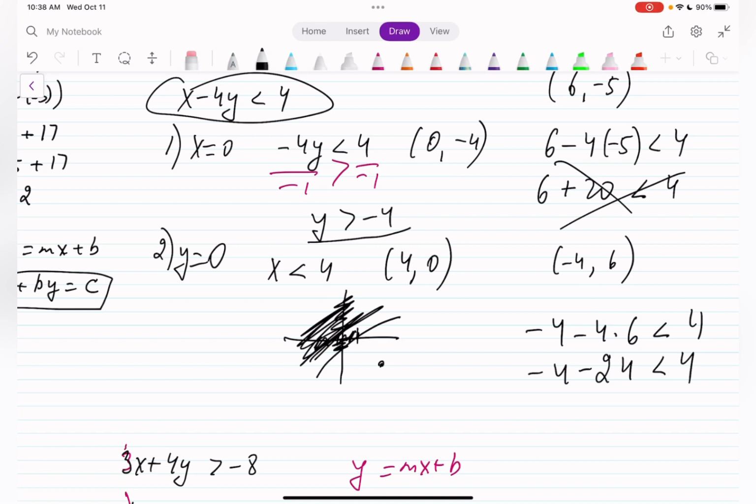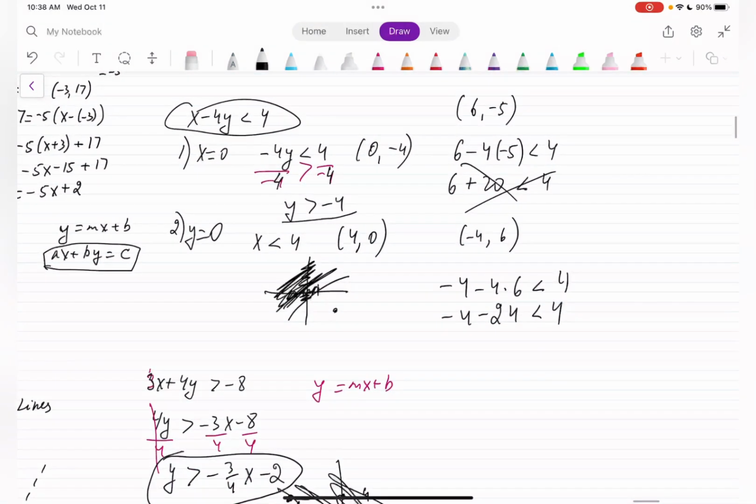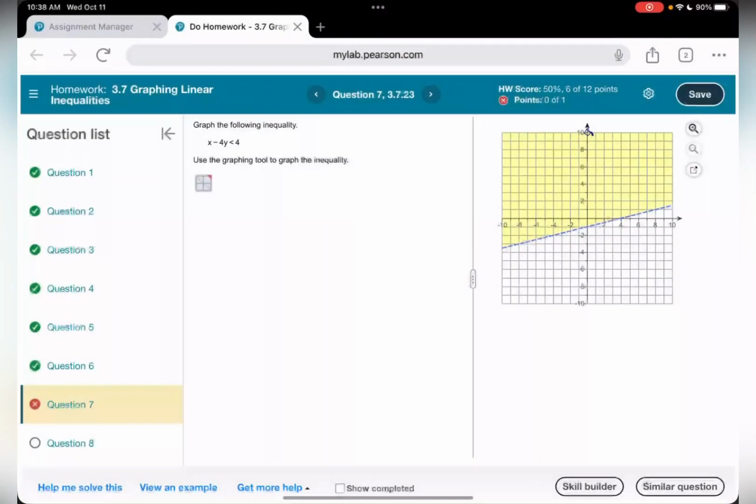For y. Sure thing. Okay, at least we found the mistake. Yeah, I didn't divide by negative 4. Well, silly mistakes. All right. So we already know the answer, right? Okay. Moving to number 8.